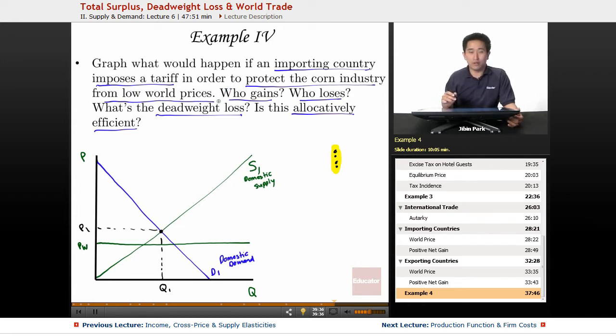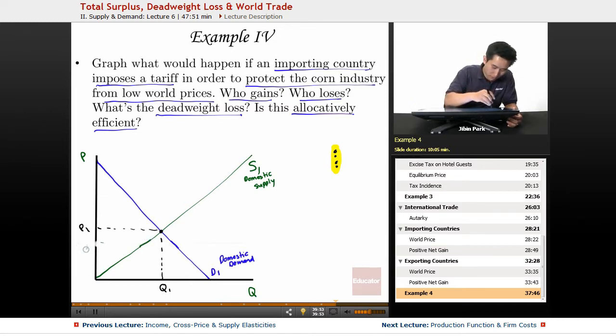So when the government imposes a tariff, what's going to happen here? Actually, just so that there's enough space here, I'm going to draw the PW a little bit lower, just so that I give myself a little bit more space here. I'm going to draw the world price really low.